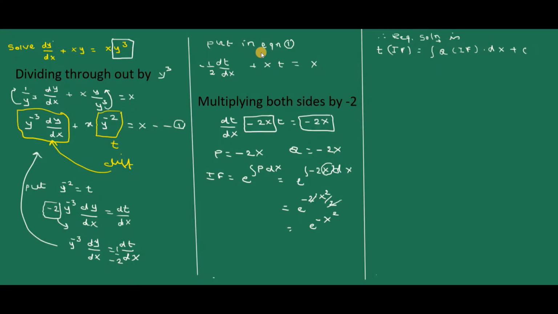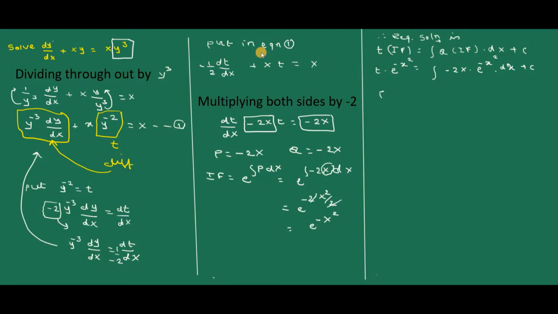Only in place of y we have t. Then substitute: t into e raised to minus x square is equal to integration of the q value, minus 2x, into the integrating factor value, e raised to minus x square, into dx plus c.